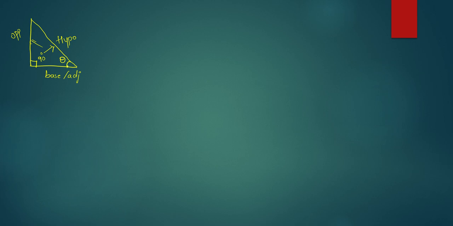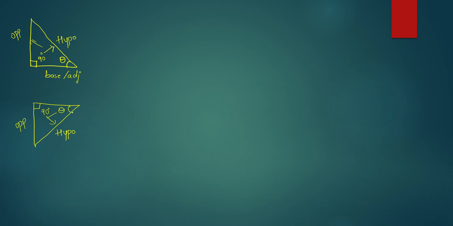Depending upon the position where theta is placed, the opposite and adjacent sides keep on changing. If I take the right angle triangle in this way, where this is the 90 degree angle, then for this triangle, this side will be called the hypotenuse. Meanwhile, if this is the angle theta, then for this angle theta, this will be the opposite side.